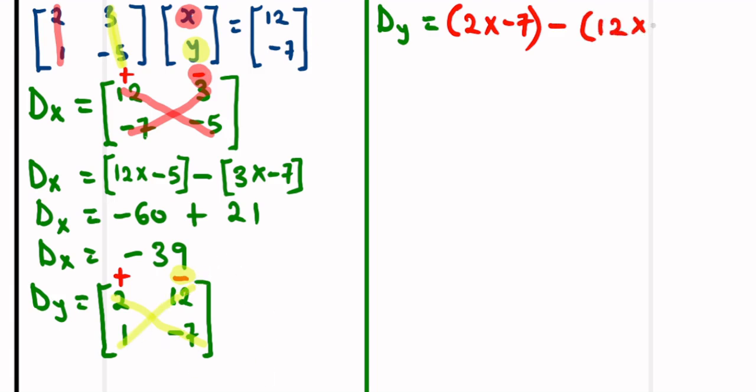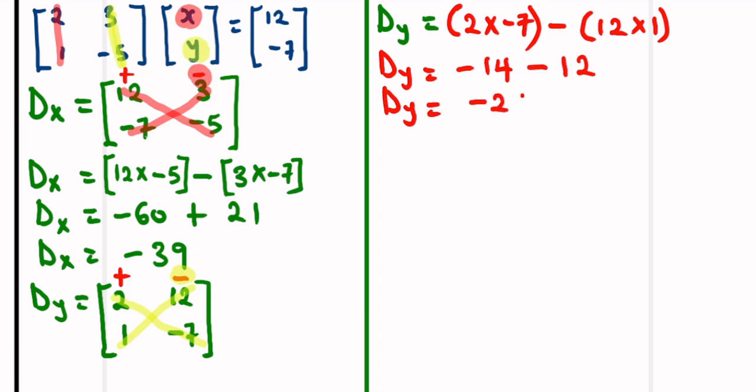So multiplying this, we'll have 2 times minus 7 is minus 14, and then we'll have minus 12 times 1 is 12. So working on this, minus 14 minus 12 gives us minus 26.